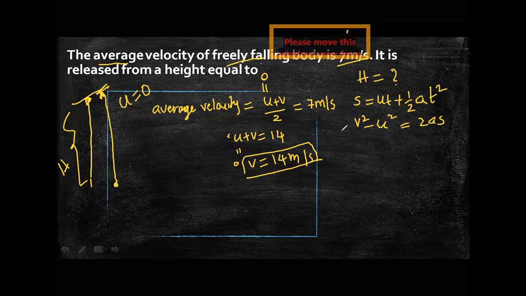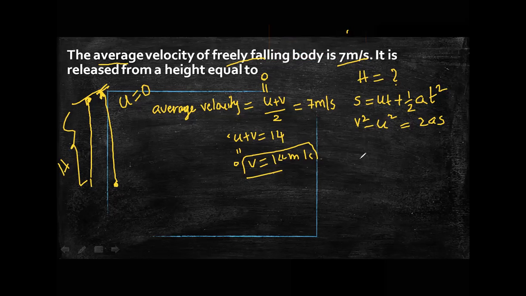Which one do I have to use here? They did not give the time, so I cannot use the second one. I have only one option, this one. I know the initial velocity is 0.